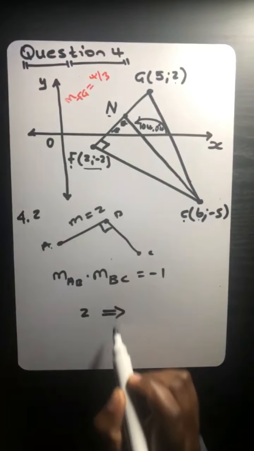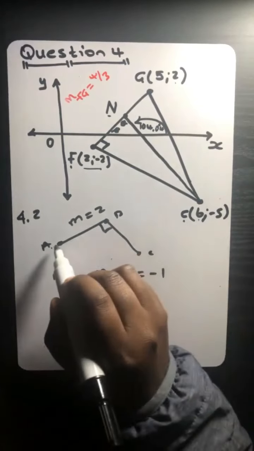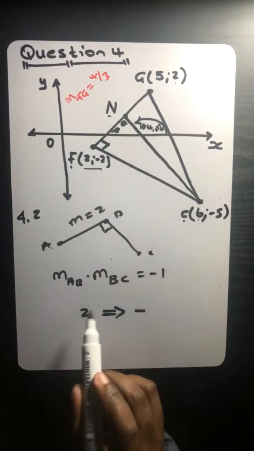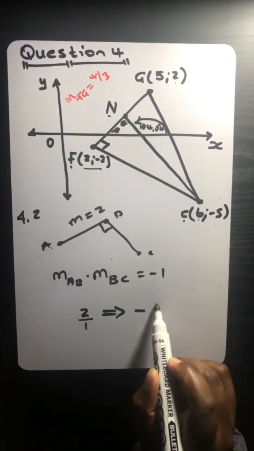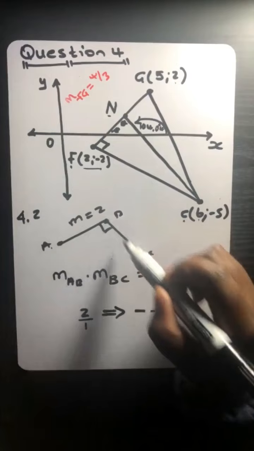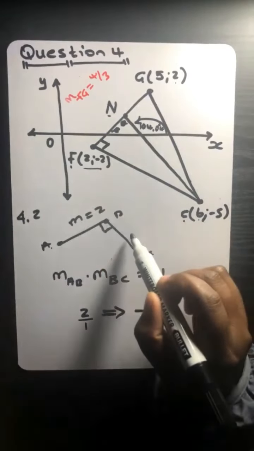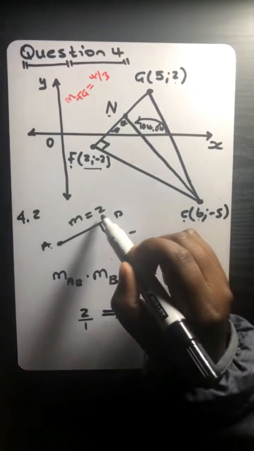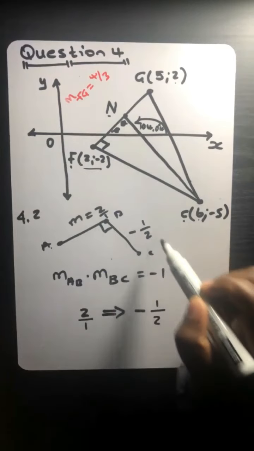that means the gradient of the line which is perpendicular to that one, first thing first, is negative. And again, because this is 2 over 1, then this one is 1 over 2. So the gradient of this line, for it to be perpendicular, you just use that gradient, but you write it in the opposite sign, and again, you know this is over 1, then you write 1 over 2.